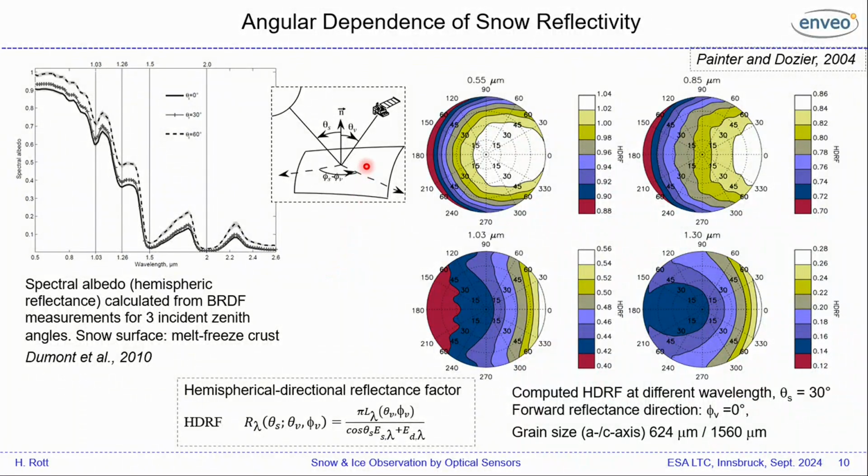These plots are hemispherical directional reflectance factors, which is the irradiance in the view direction of the sensor, divided by the irradiance from the half sphere, which is given by the diffuse and the direct irradiance.